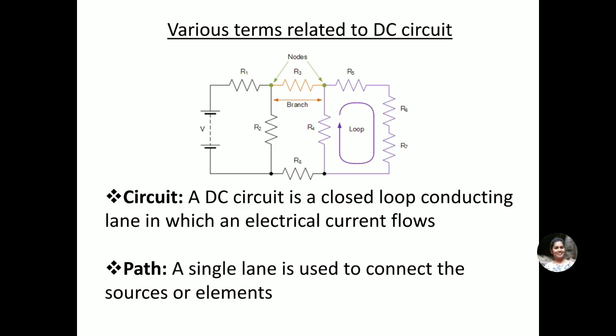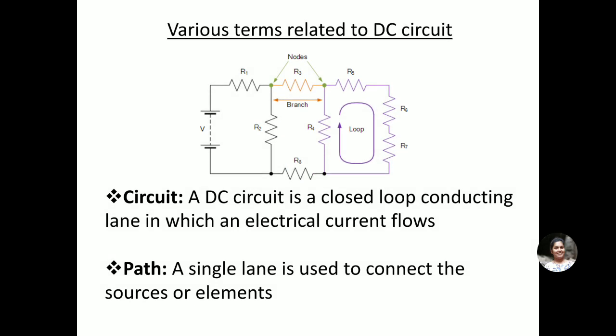So path is nothing but a single lane which is used to connect either sources or elements. R1 is connected to a source V, and it is connected to other elements like R3 and R2. So path, in a simple sense, is nothing but connecting wires which make proper flow of current in the circuit.